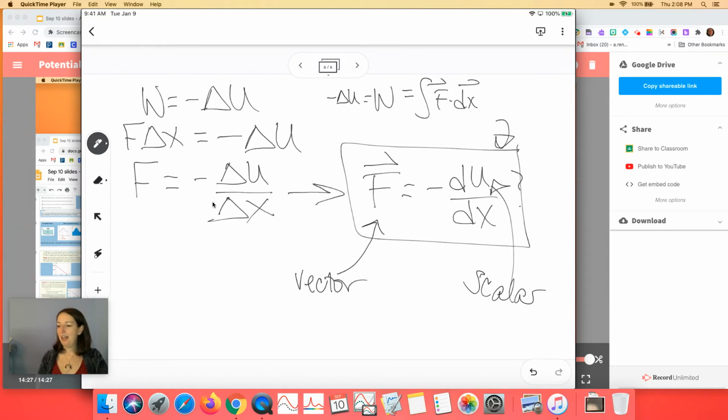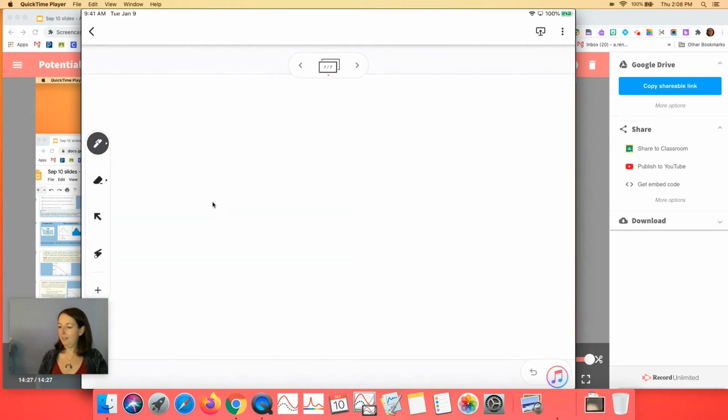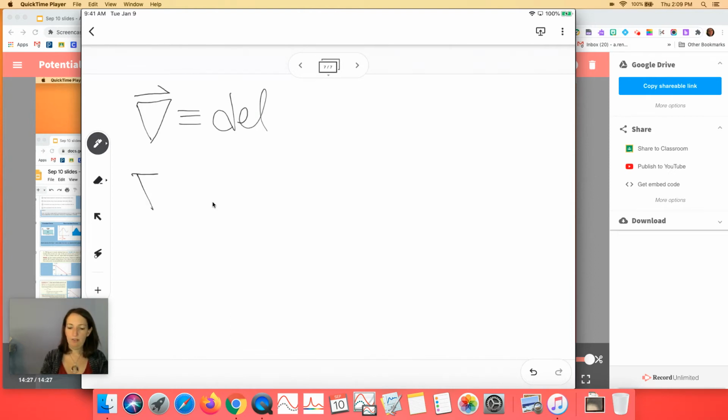Okay. And what is really happening is, let me introduce you to this symbol. This is called del. It's del. Okay. And when you apply it to a scalar, it is defined as, oh, sorry.